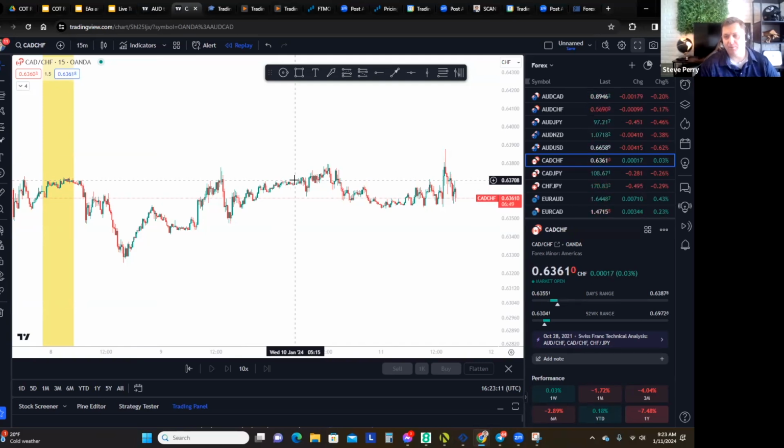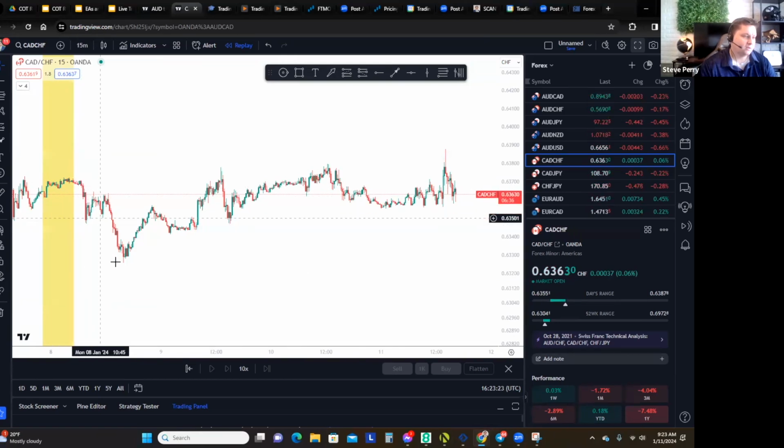I do 1/4% per trade. That's pretty conservative. Everybody can decide what they want to do as far as risk goes on that variable. But the one variable that I think is the most off is when people enter.